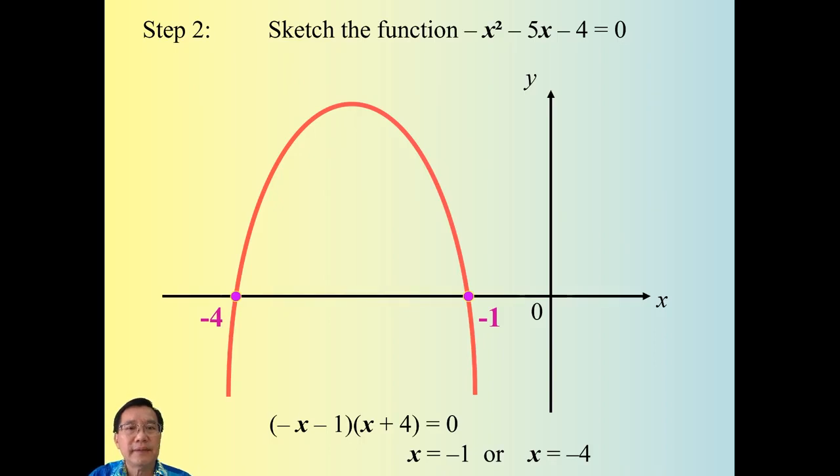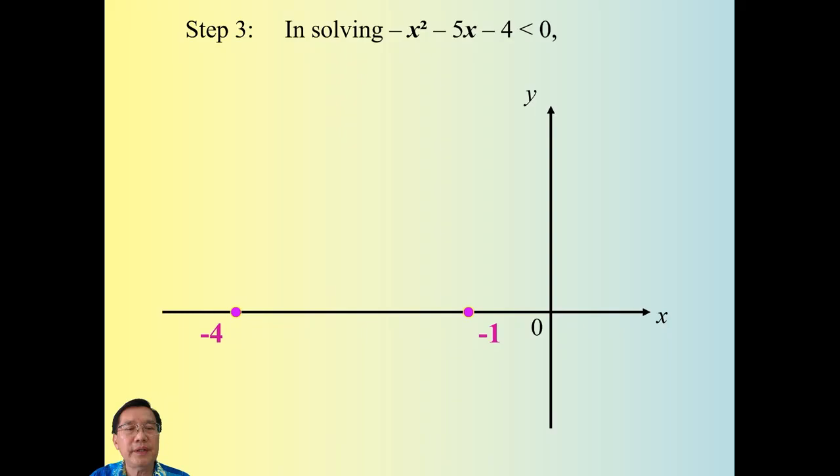Next, the function is sketched. Since the coefficient of x squared is negative, this quadratic function has a maximum point and it cuts at negative 1 and negative 4.